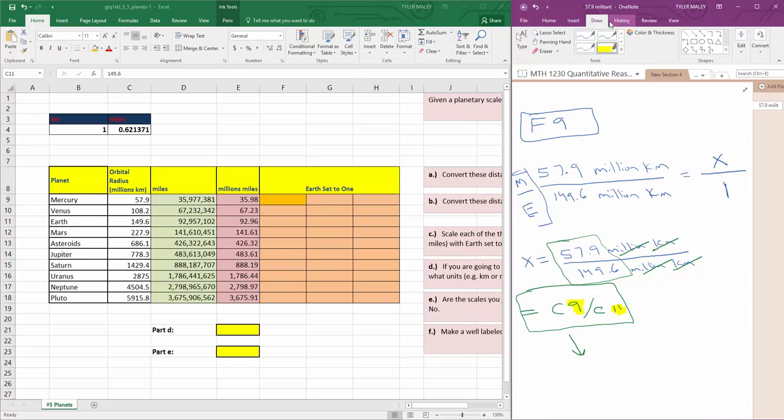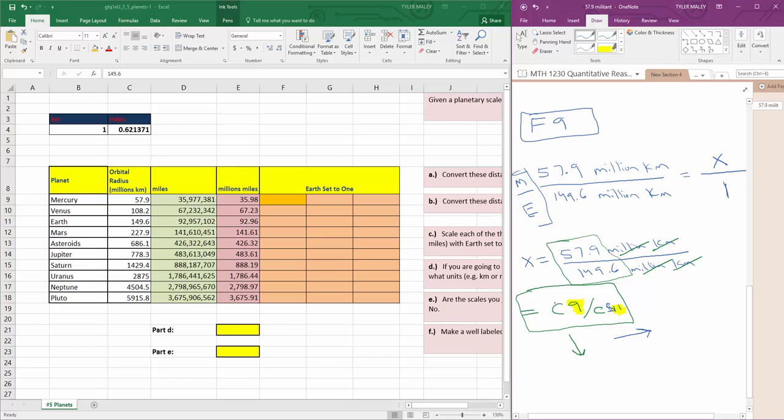So to keep that locked in, I need to put a dollar sign in front of 11, right? Because again, I want to scale everything to 1, every quantity, right? So that's the only thing I need to worry about. And then think about filling it right. Is there anything I want to lock in?